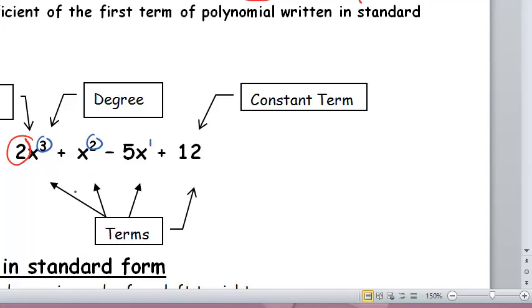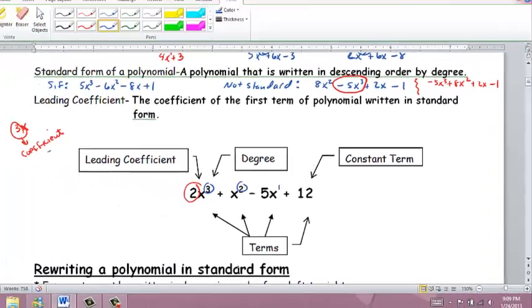This has 4 terms. We didn't talk about it above, but once you get above 3 terms, we just say it is a polynomial. We only name polynomials with 1 term as a monomial, 2 terms as a binomial, 3 terms as a trinomial. Once we get above 3, we just say they're polynomials.